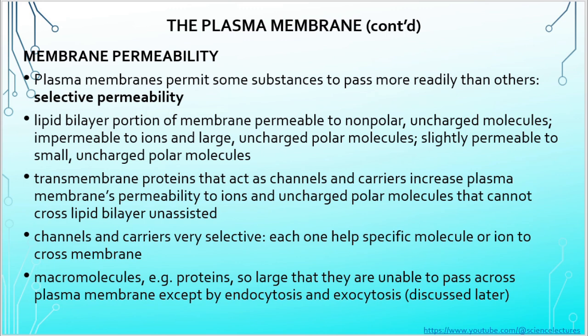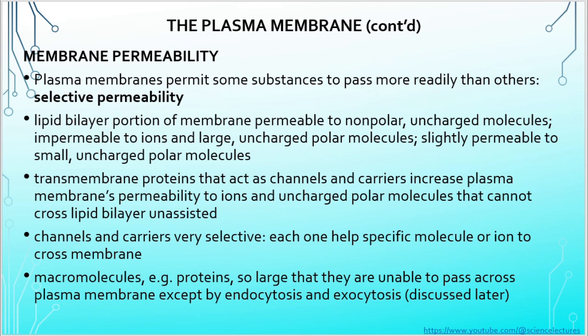The lipid bilayer portion of the membrane is permeable to nonpolar, uncharged molecules. These include oxygen, carbon dioxide, and steroids. But it is impermeable to ions and large, uncharged molecules such as glucose.